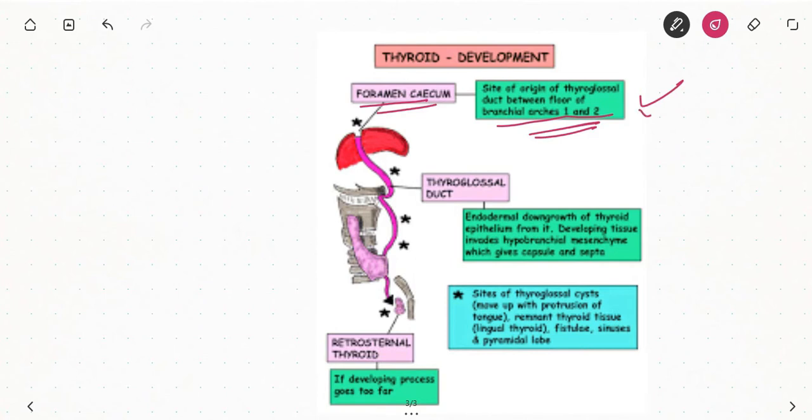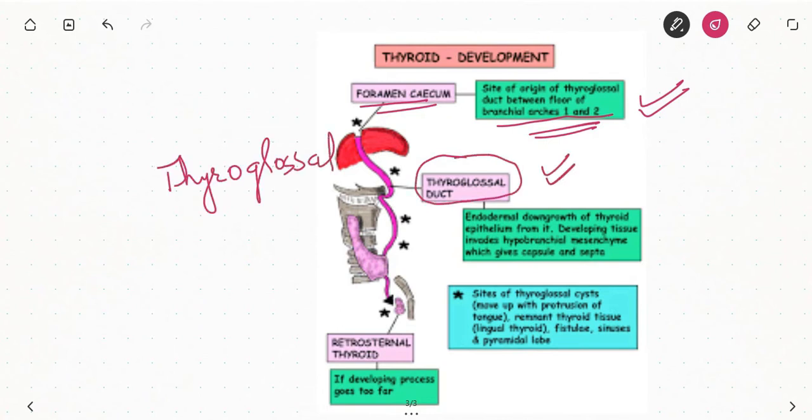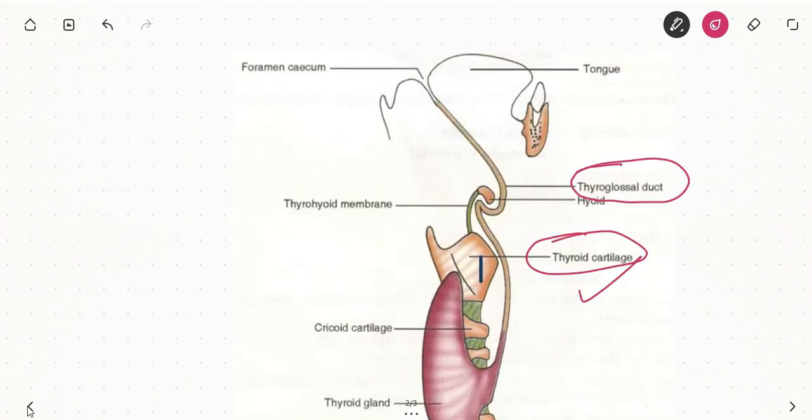So it develops from the foramen cecum, that is the site of origin of the thyroglossal duct, between the floor of branchial arch first and second. Here you can see the thyroglossal duct. So that is an endodermal downgrowth of thyroid epithelium from it.